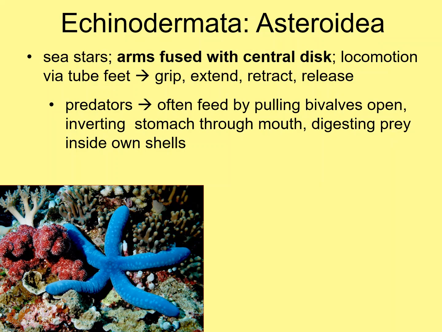Then they take their stomach and turn it inside out, extrude their stomach into the shell, in between the shells, secrete digestive enzymes, absorb it, and move on. So you end up with just an empty shell when you're done. It's kind of crazy.